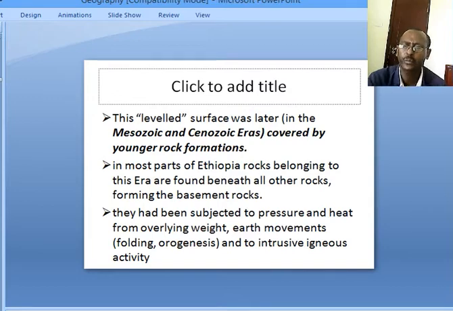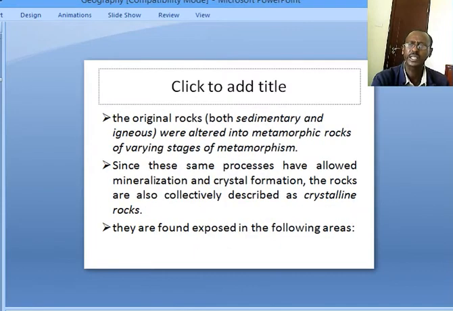As I have told you, the underlying rock will start to harden, and because of high heat, finally it will go for intrusive movement and volcanic eruption. The original rocks, both sedimentary and igneous, were altered into metamorphic rocks of varying stages of metamorphism.